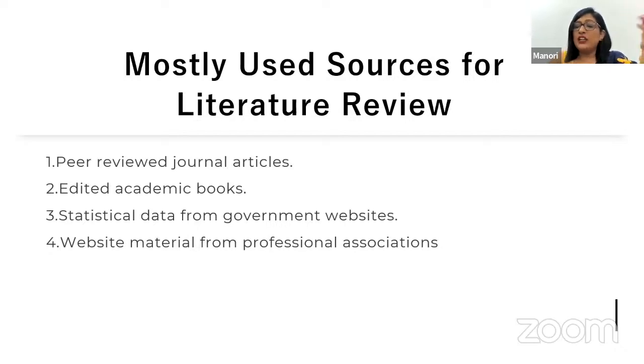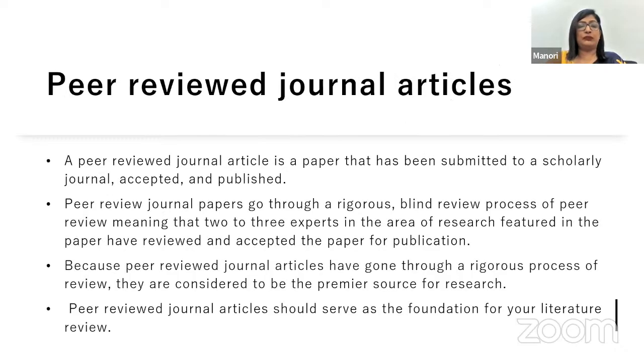There are websites from different government authorities and departments, and also professional associations like UNFPA, UN, WHO, US bureaus, several professional associations. They provide the databases for us. So you should know about those things, otherwise you don't do a thorough literature review.